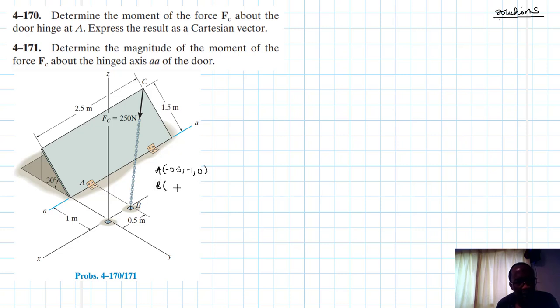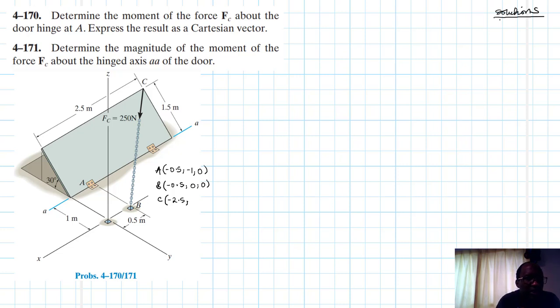Then we have B: in the x-axis, we have minus 0.5, and in the y-axis is 0, z is 0. Then C: in the x-axis, it's a minus 2.5.